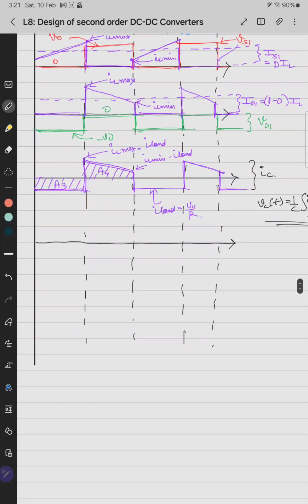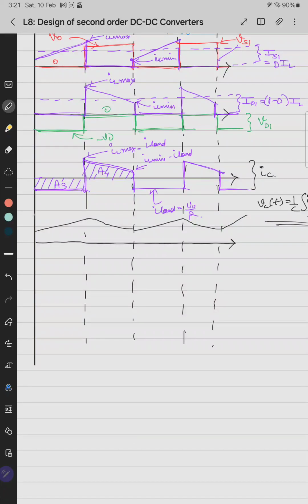So we have to integrate it. If you integrate a falling slope, it will be a falling polynomial like this, a polynomial of second order. And if you integrate a constant term, what will it be? It will be a rising edge, a straight line. So it will be like this, and then this will be like this, and again a straight line, and then a curve, again a straight line.